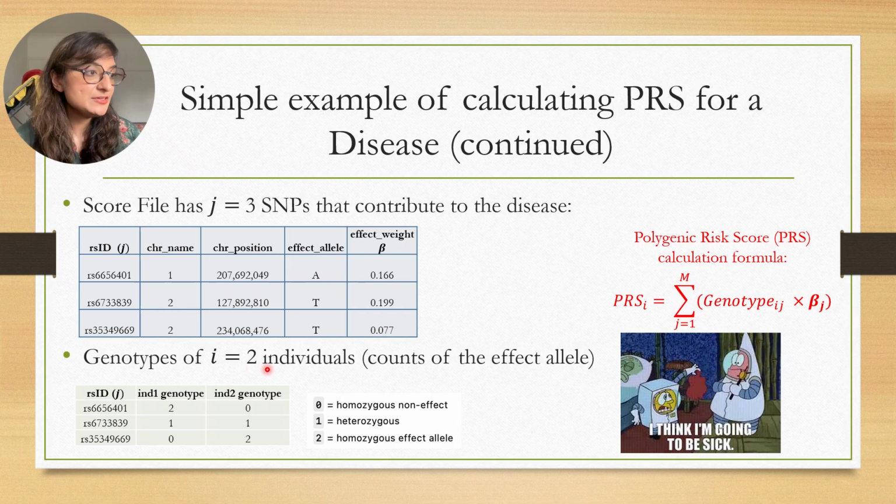And then we have the genotypes of 2 individuals, so the count of the effect allele. A 0 in the genotype means that you have both non-effect alleles from your parents. That means you don't have this allele of an A, for instance. And a 2 means you have it from both parents.